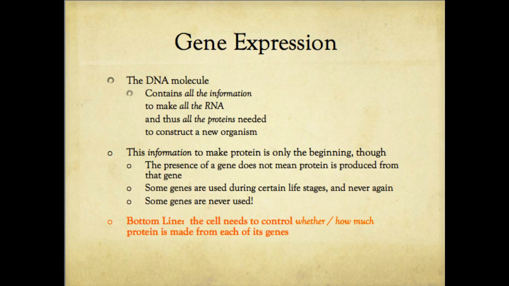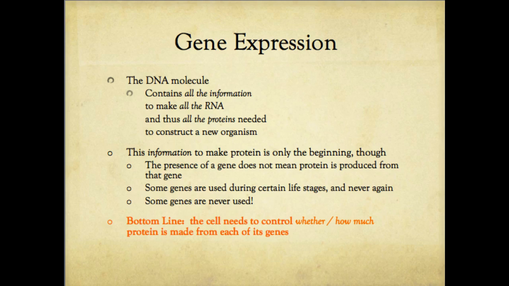So the information to make proteins is just the beginning in the life of a cell. All cells have all the information to make every protein, but that doesn't mean they're going to make every protein. In other words, just because a cell has a gene doesn't mean that cell is going to express that gene. It doesn't mean that protein is going to be produced from that gene.